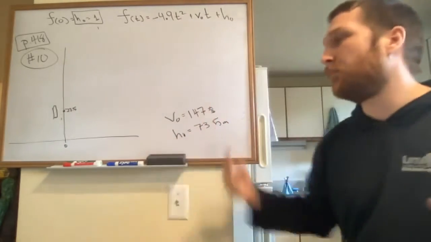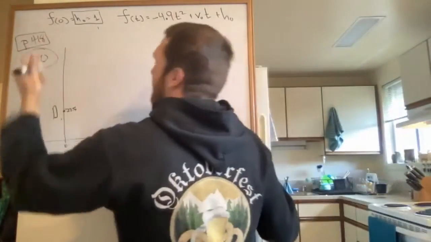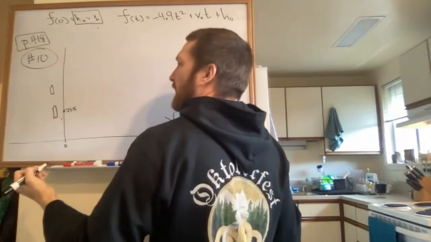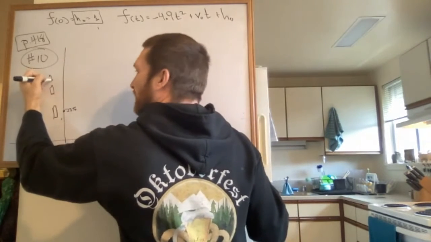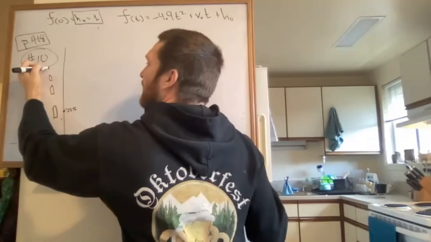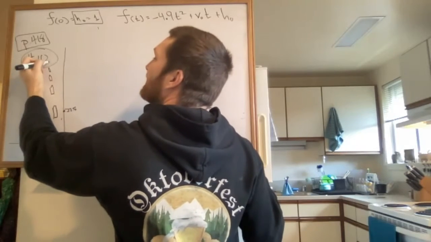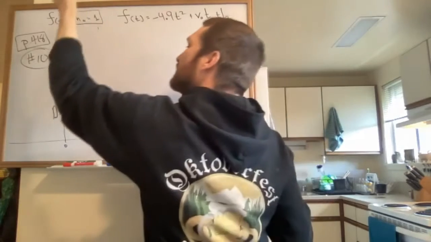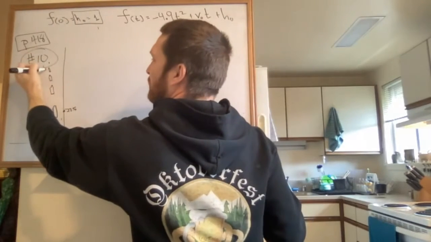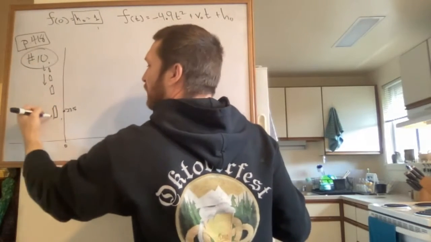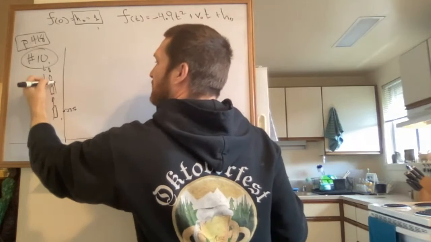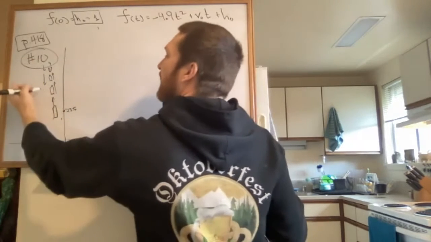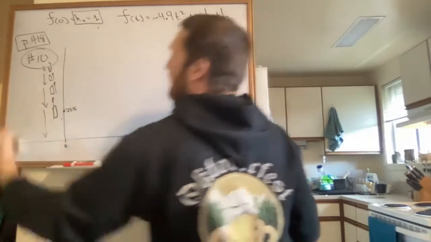And so after, say, 1 second or whatever, it's going to be much higher, right? But then it's going to start slowing down and slowing down until it comes to a stop finally. And then it's going to start to drop, right? And it's going to start coming downwards. So first it's going to move upwards until its velocity reaches zero, then it's going to start to move downwards like that.